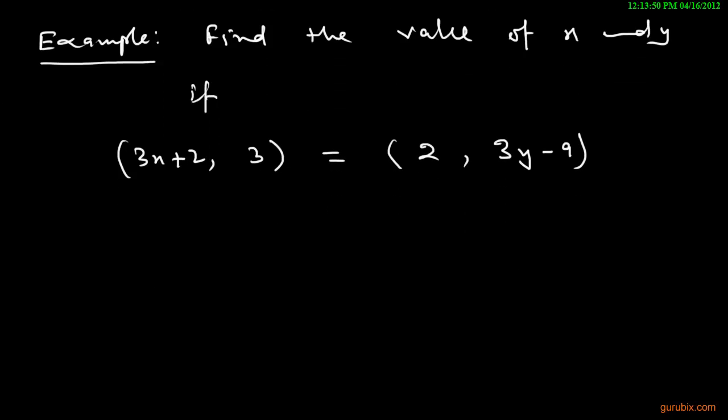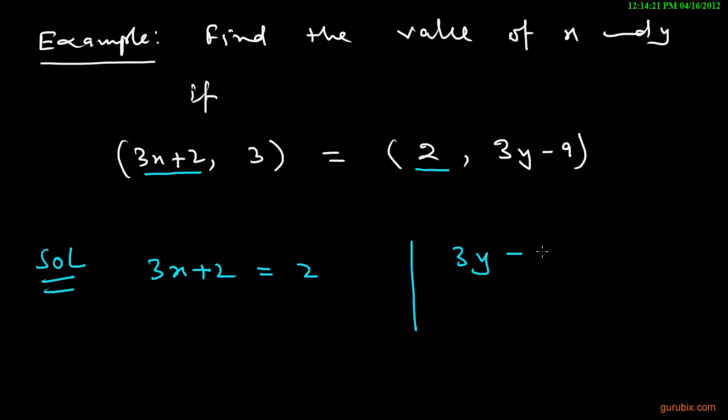We can solve this example like this: it is given that these two ordered pairs are equal, then the first element of this ordered pair will be equal to the first element of the other ordered pair. Then 3x + 2 will be equal to 2 and 3y - 9 will be equal to 3.